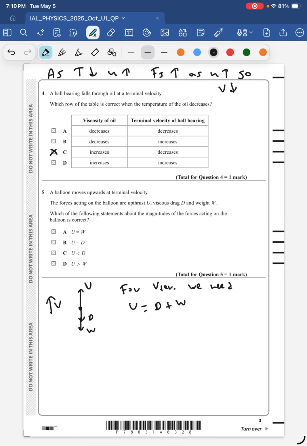So the only correct option is D, because you can see it from the equation. If the upthrust is equal to the drag plus the weight, then the upthrust is definitely higher than the weight, larger. Okay, so we can move on.